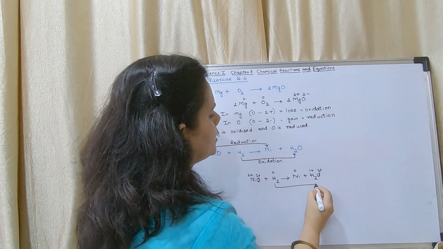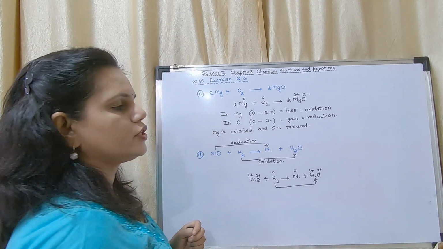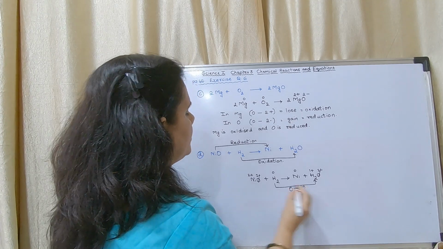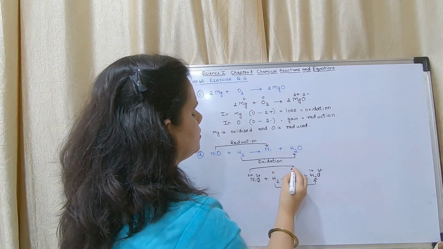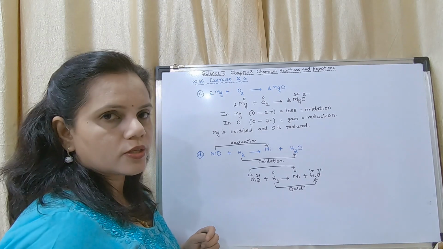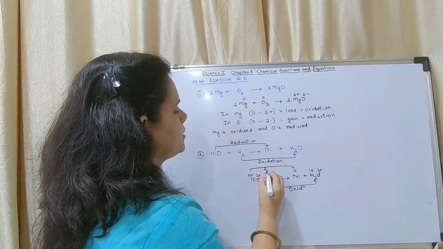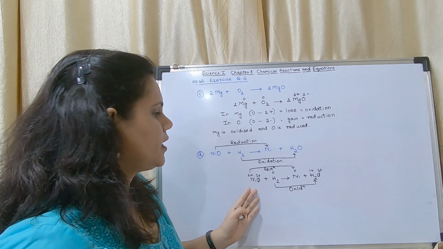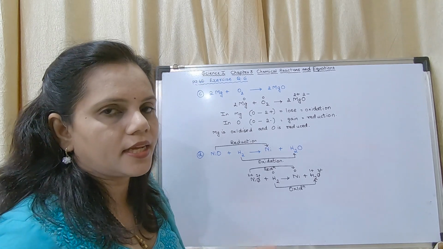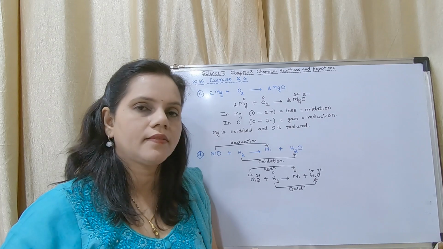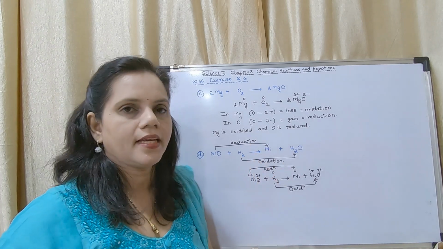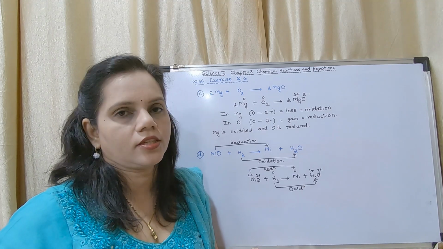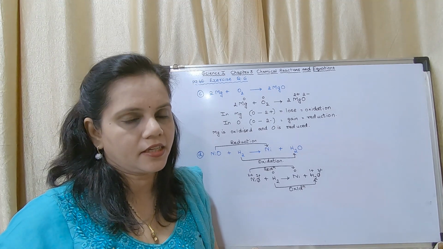So hydrogen is getting converted from 0 to 1 plus, so it is oxidation, and this 2 plus has got converted into 0, so it has gained electrons, so it is reduction. So you may write it this way also. In your notebook you may write it, but at the time of exams you don't have to do it that way. You have to do it this way. So this is about how to identify the reduction and oxidation in a given reaction. You may write.